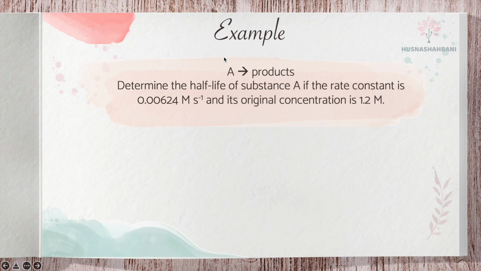Next example, we have the chemical equation of reactant A becoming product. Determine the half-life of substance A if the rate constant is 0.00624 molar per second, this is K, and its original concentration is 1.2 molar, this is A naught, the initial concentration.